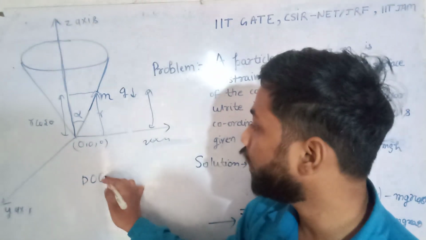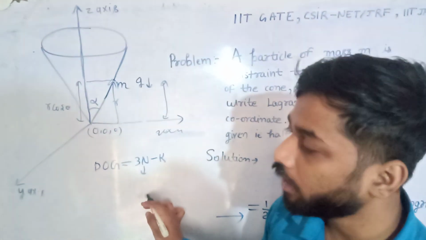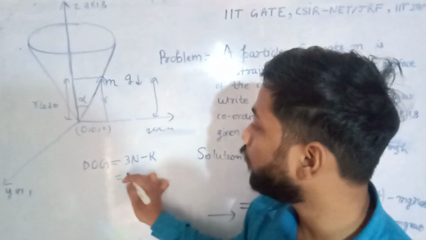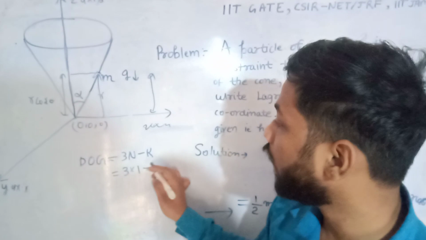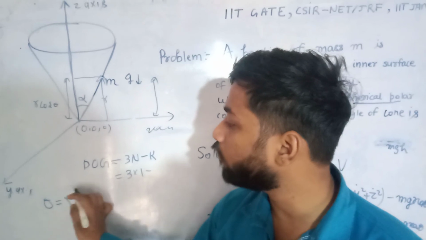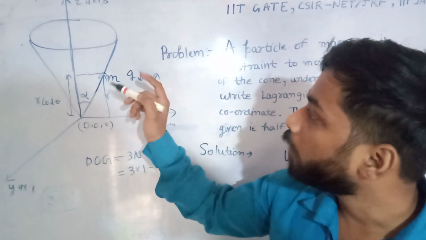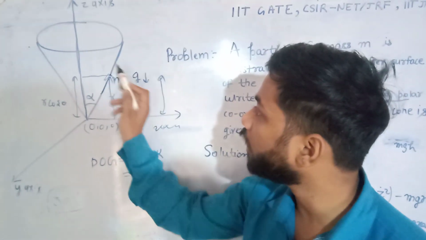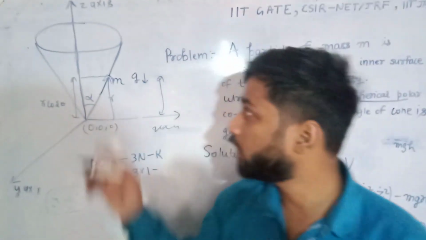The degree of freedom is given by 3n minus k, where n is the number of particles and k is the number of constraints. Here there is only 1 particle, so n is 1. The constraint here is theta equal to alpha, because the particle has to remain on the surface of the cone, and in every condition the particle will always make the angle alpha with the z axis.